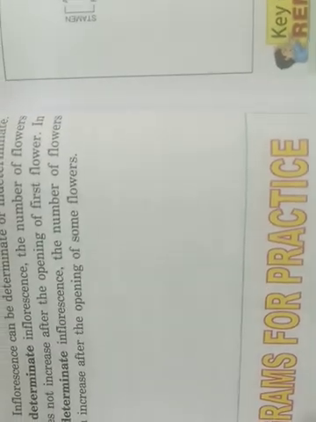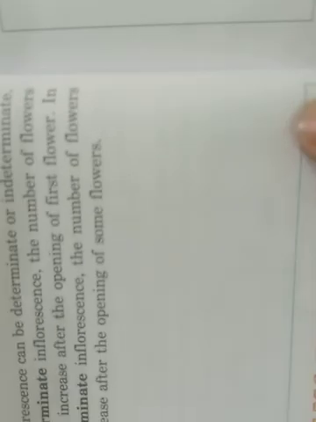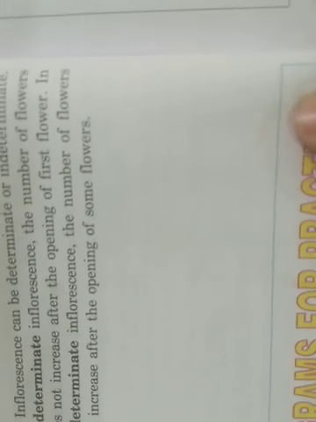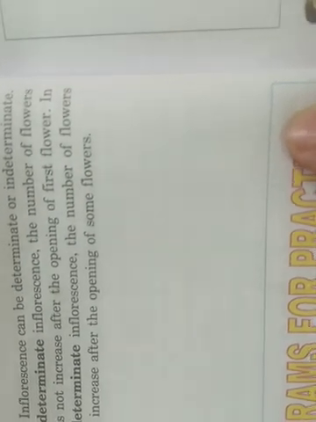That number will not increase; the number is determined. In indeterminate inflorescence, the number of flowers can increase after the opening of some flowers. But in determinate inflorescence, the number of flowers is fixed after the opening of the first flower.